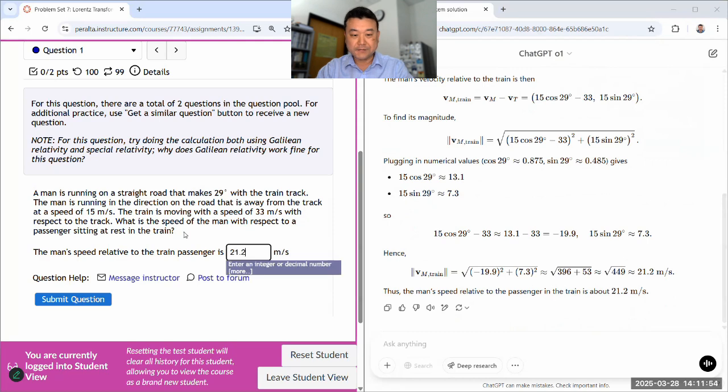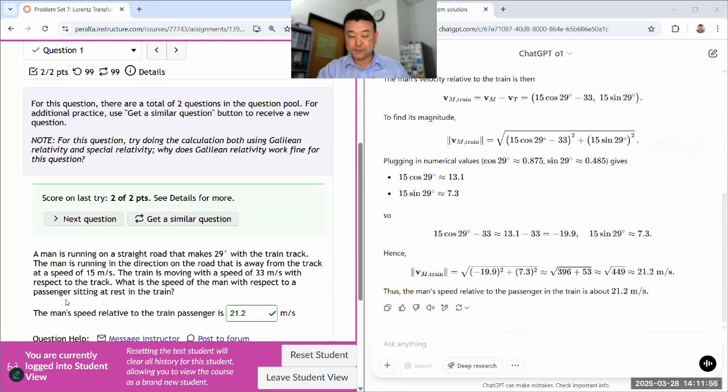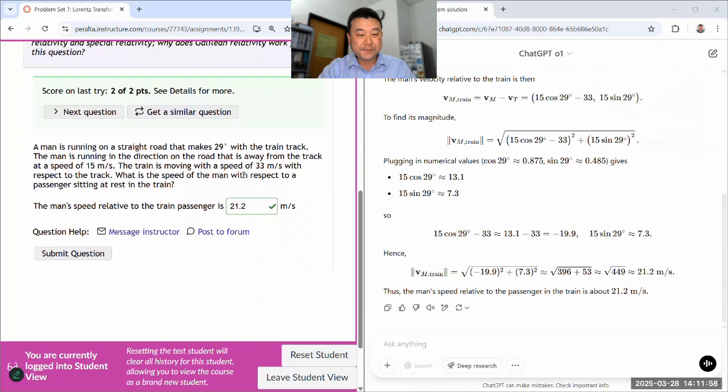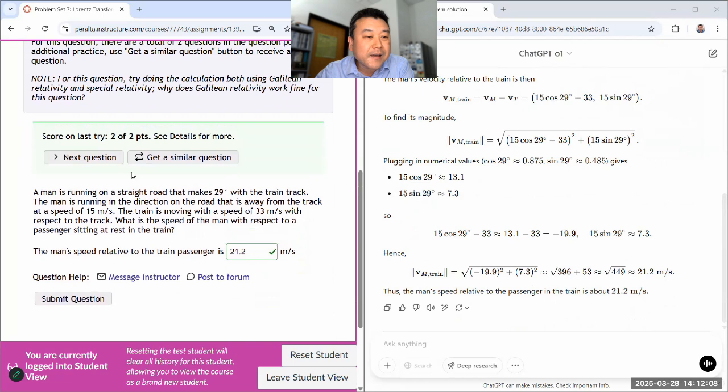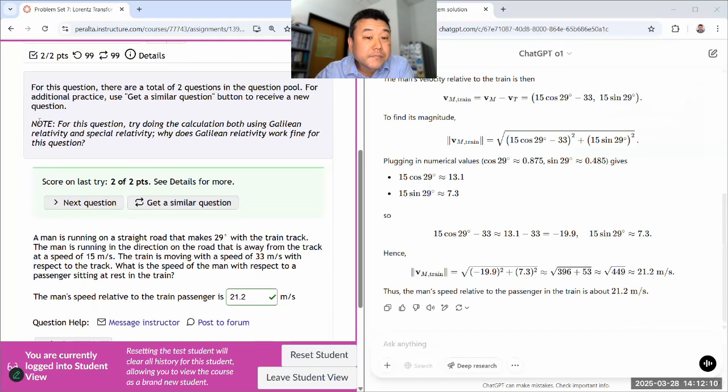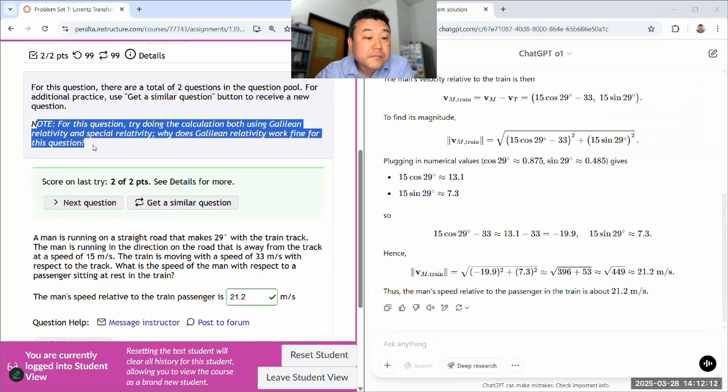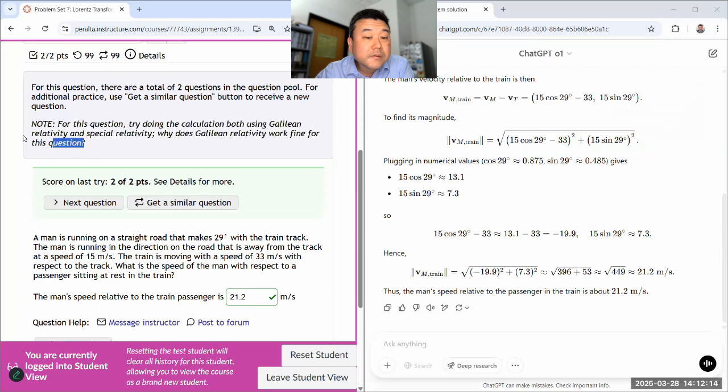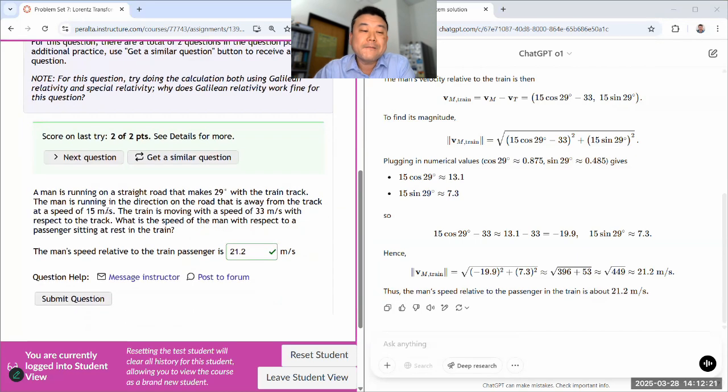Like right now, I'm just copying and pasting, and I, who know all this physics, have no idea where this number came from. Let me actually read it. This might actually be the Galilean relativity portion of the question. Yeah, for this question, Galilean relativity works fine because these speeds are so small.